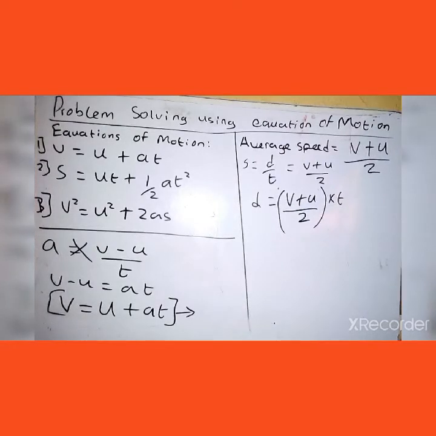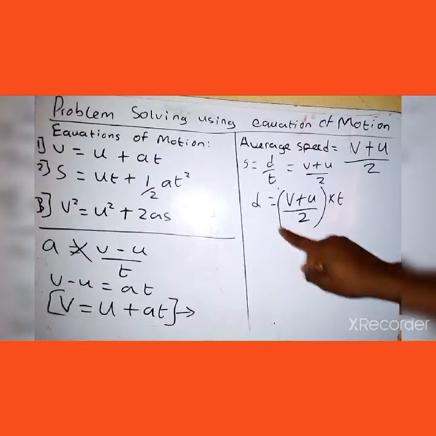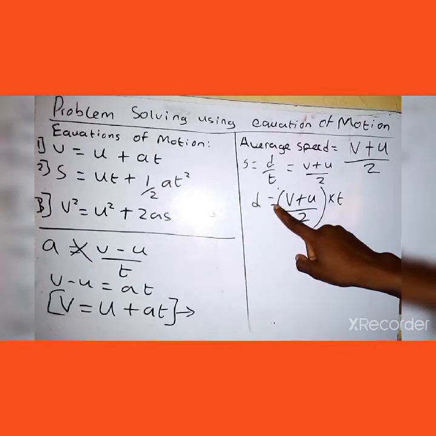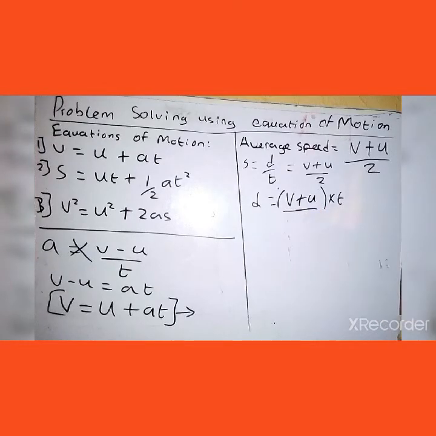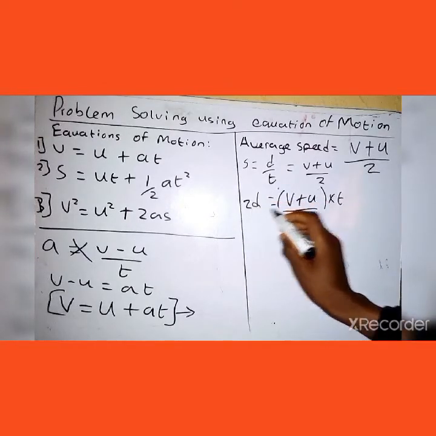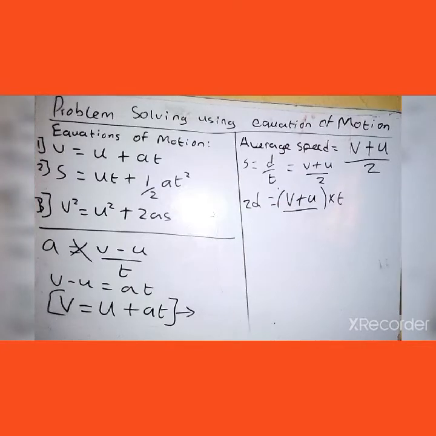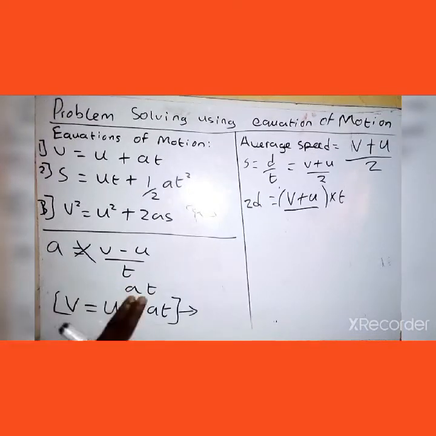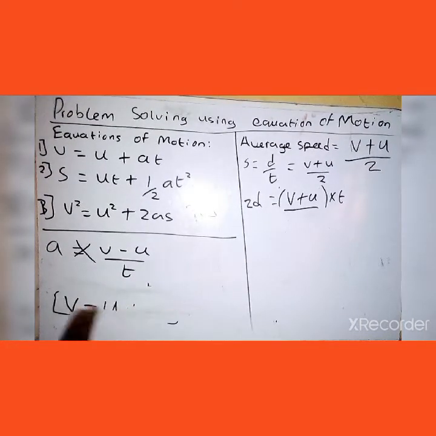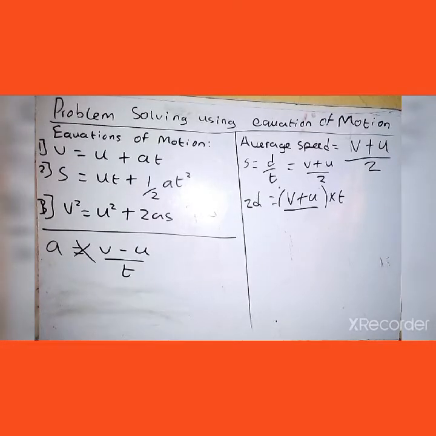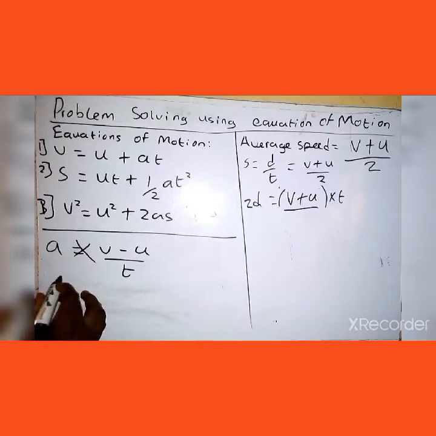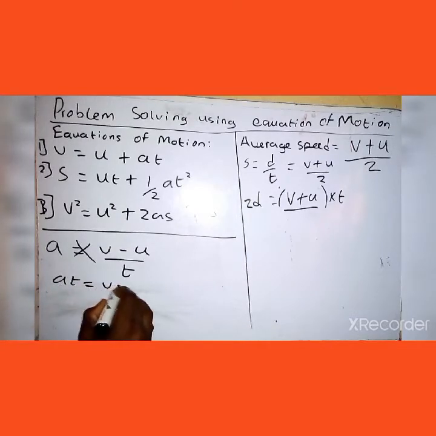So now we can also cross multiply. Okay, let's cross multiply. By cross multiplying, we have 2d equals this. So now you know that from this acceleration we can also make our t the subject of the formula. Making t the subject, we have at equals v minus u.